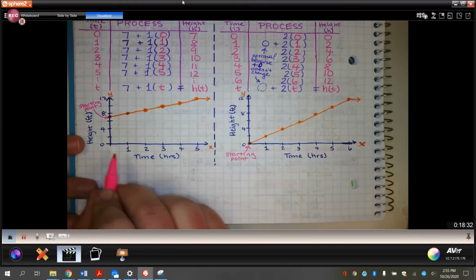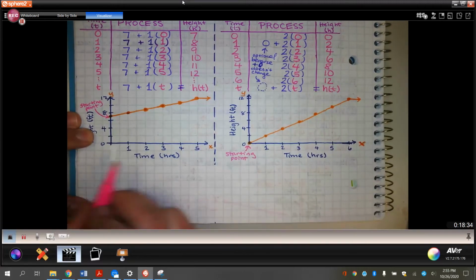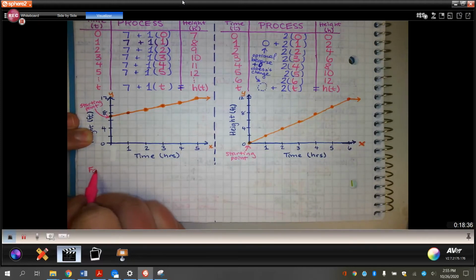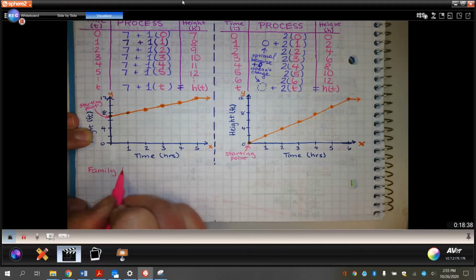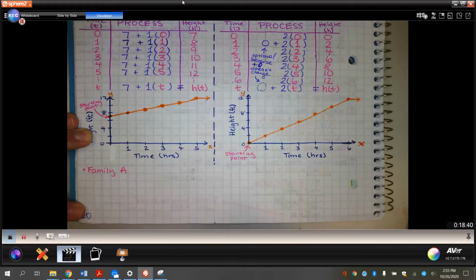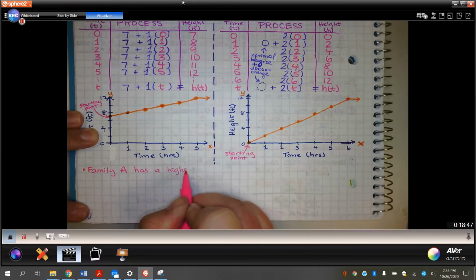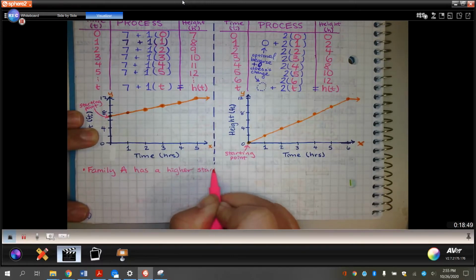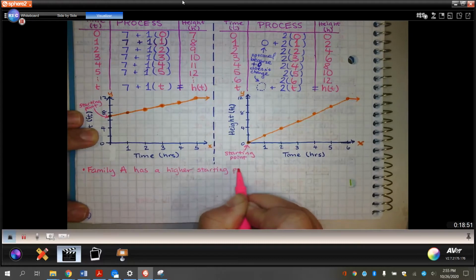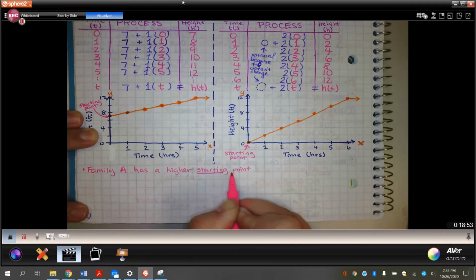So we want to say that, but we also want to compare these. So we could say something like, family A, I'll just put a bullet point. Family A has a higher starting point, which is my buzzword, so I'm going to underline it. It's the important part.